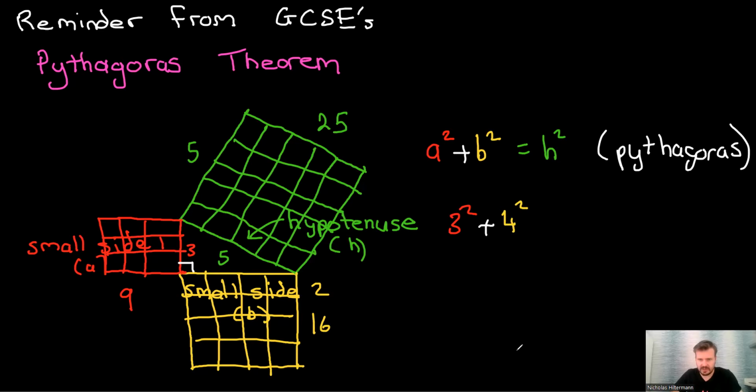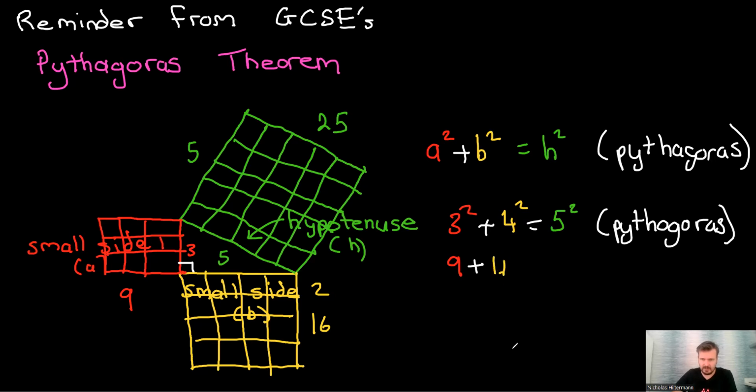So hold your horses if you're getting bored, maybe skip a little bit, but we'll try and cover everything so that anyone who's struggling with trig, if they watch this, will be able to understand it fully by the end and not have any gaps in their knowledge. And so we see 9 plus 16 equals 25.